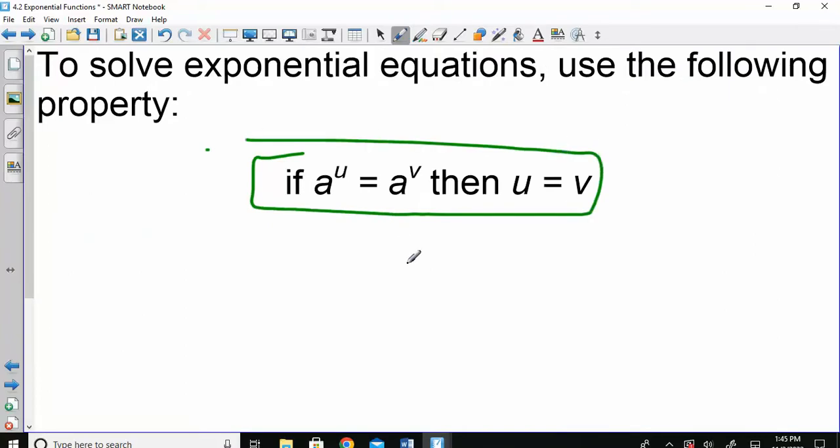If you have the same base on each side of an equation, then the exponents have to be equal. So our goal is to have, like, 2 to a power on each side, and then we can set those powers equal to one another.